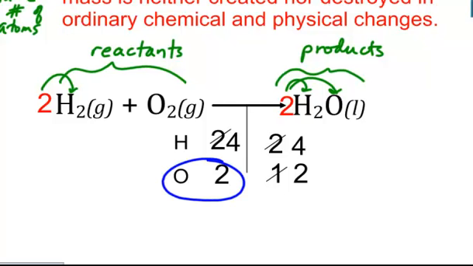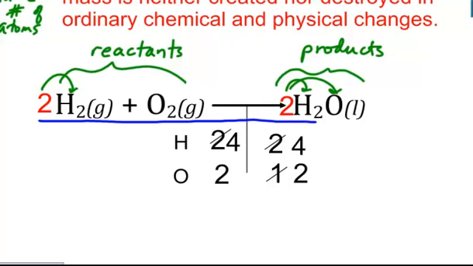I'm going to leave it as 2 because the plus sign is separating it from that coefficient in front of the H2. So if that's the case, I can look at what I'm given. H is 4, H is 4, O is 2, O is 2. This is a balanced equation. My final answer would be 2H2 plus O2 yields 2H2O. That would be my final answer.